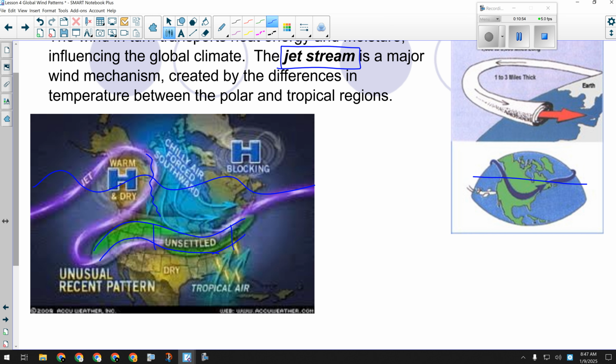So it's a high altitude, high speed wind that moves moisture-laden air masses and helps to transport latent heat. People who are climbing really high mountains like Everest and K2 have to be very aware of the movements of the jet stream.